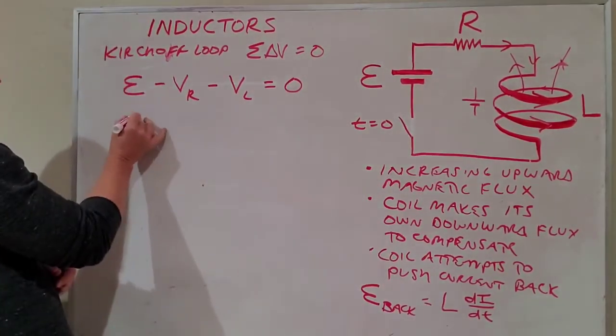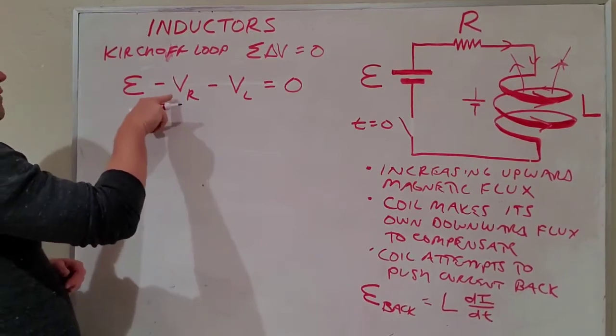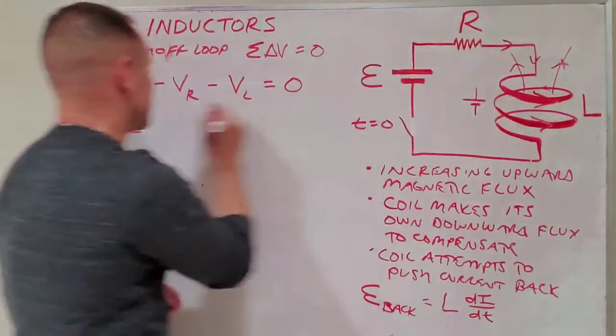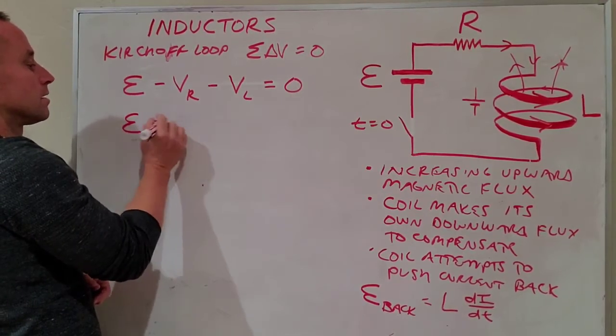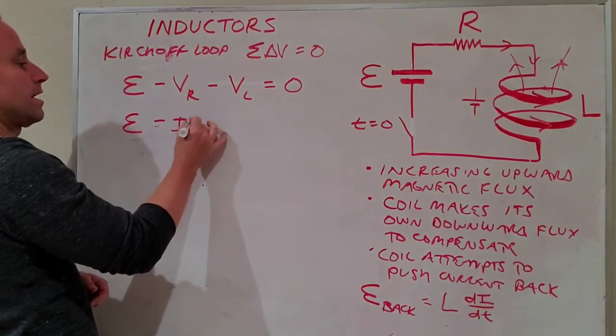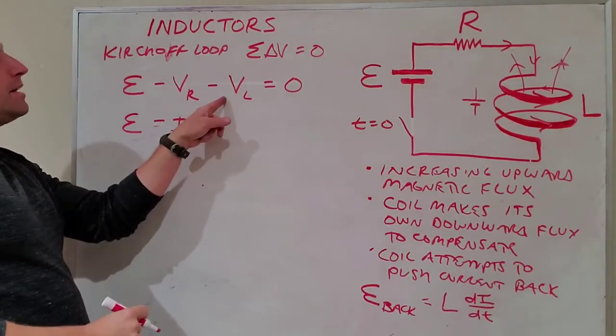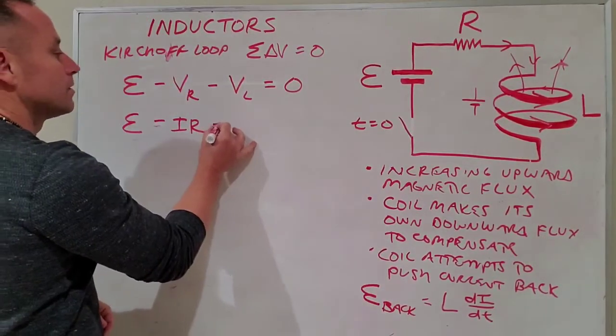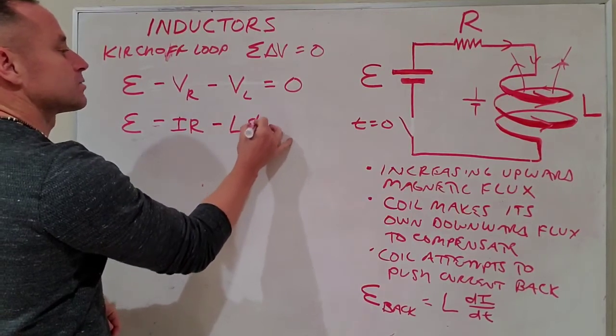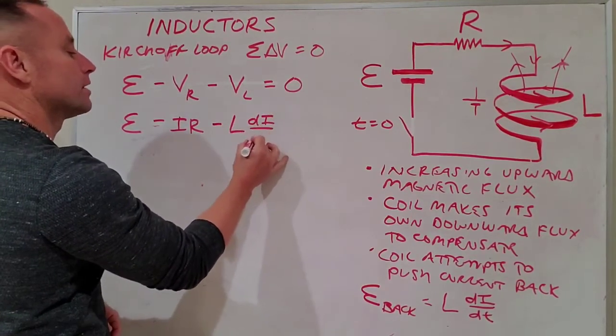So we have our battery. The voltage drop across the resistor, of course, is just equal to IR from Ohm's Law. So we have IR. And then on the inductor, we get our new term, this back EMF, which is L di dt. So this thing is really, again, just acting up when the current is changing.